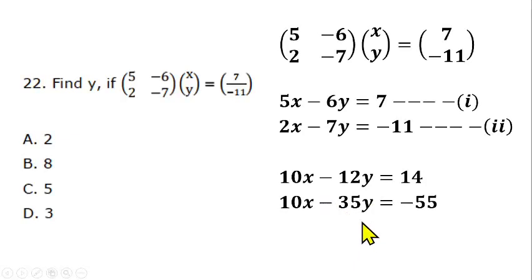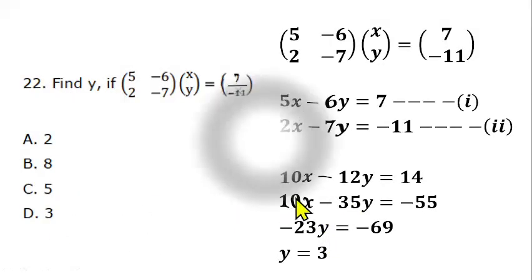Minus 35y minus 12y should give us minus 23y. Then minus 55 minus 14 will give us minus 69. Divide both sides by minus 23. That will give us 3. So our y will be 3. We did not find x because we are not asked to find x. So our option is option D.